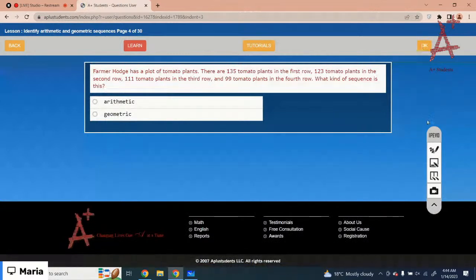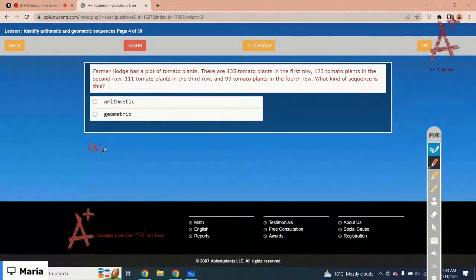Okay, the next one: Farmer Hodge has a plot of tomato plants. There are 135 tomato plants in the first row, 123 in the second row, 111 in the third row, and 99 in the fourth row. What kind of sequence is this? Just check for the arithmetic. 123 minus 135 is negative 12. 111 minus 123 is minus 12.